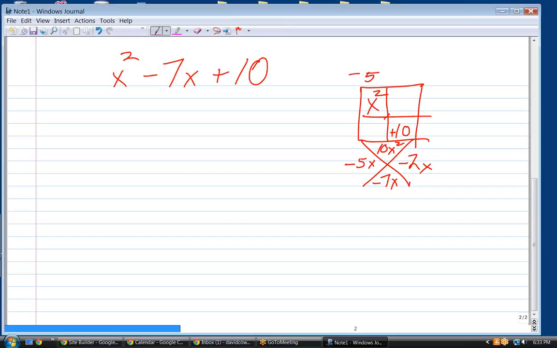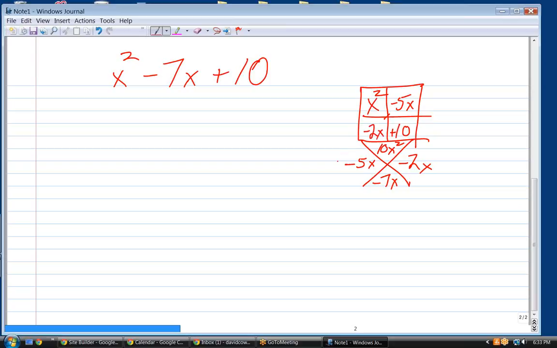Where? In the upper right of the box. In the upper right quadrant, this one right here? And I should put minus 5x? Yeah. And then in the lower left-hand side of that box, you put the negative 2x.